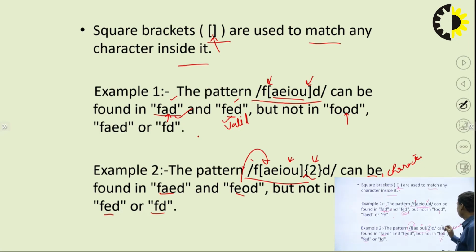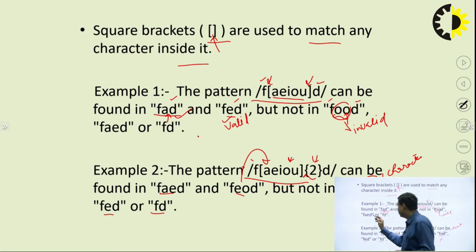Now, why is it invalid? You can see F is there, D is there, but from this set only 1 value should be there. But here we have 2 O's, therefore it is invalid. As per the regular expression, it should have only 1.